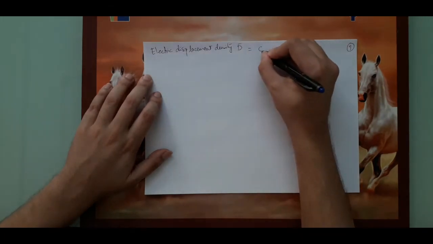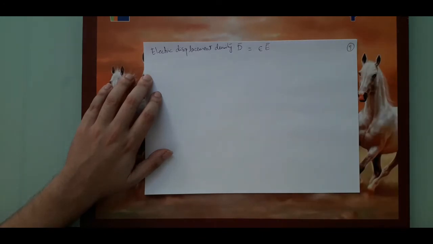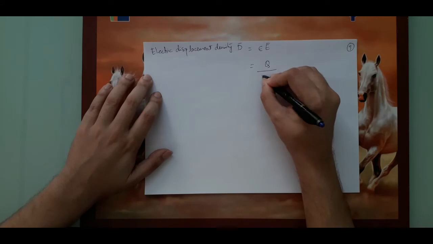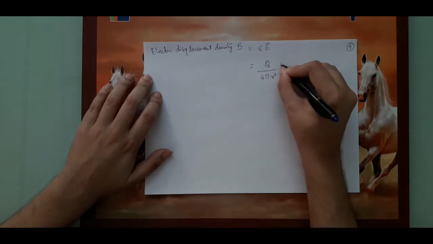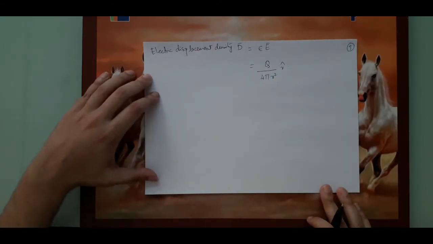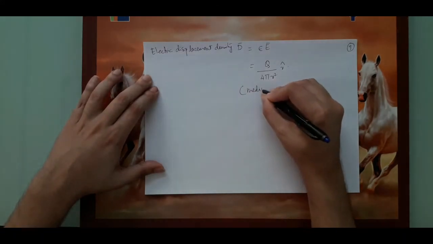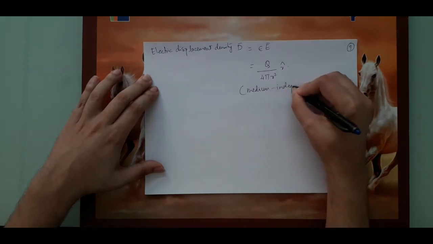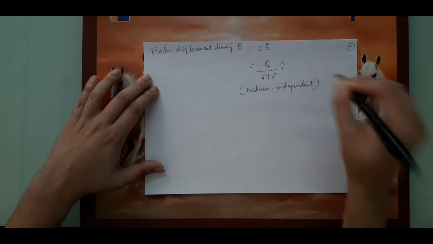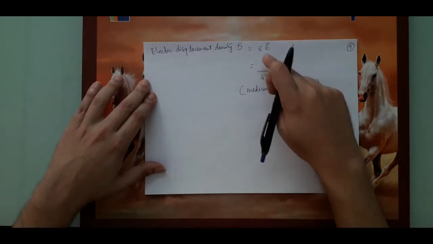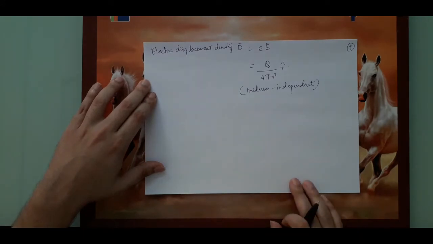It is defined in this form: epsilon times E. So if you apply the expression for E, you will get nothing but Q by 4 pi R square times the unit vector a R. So this quantity is medium independent. And often this is very useful, because it tells you nothing but the effect of the charge at a distance R.